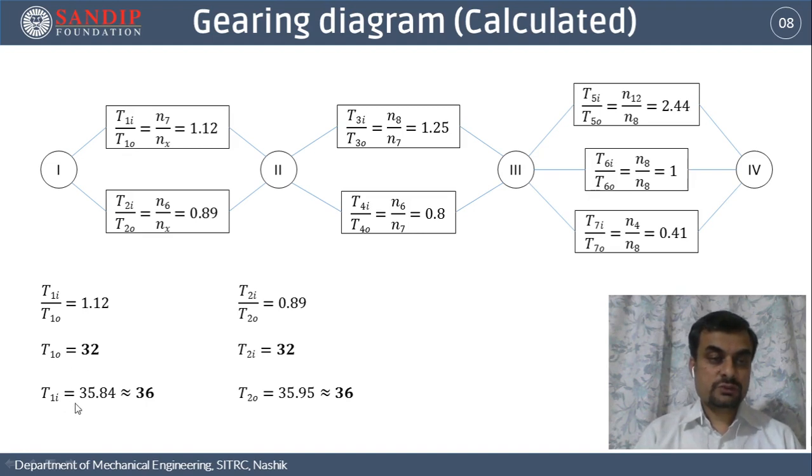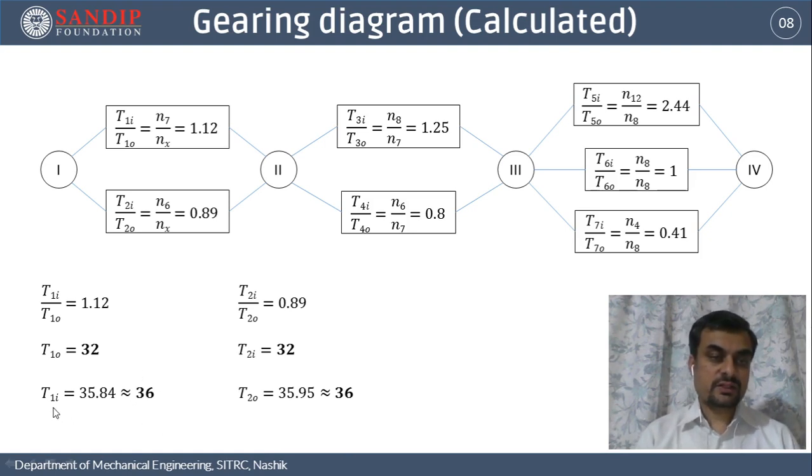For that value, T1I is 36 and T2O is also 36. So this is already satisfying the first guideline. Minimum number of teeth should be 18. We have 32. Sum of number of teeth on a gear pair, that is 32 plus 36, 68. So second guideline is also satisfied.